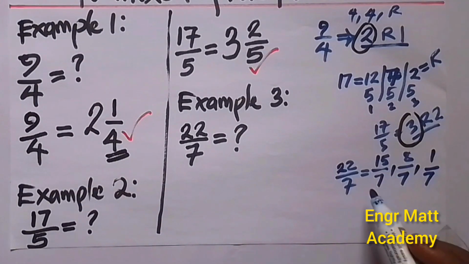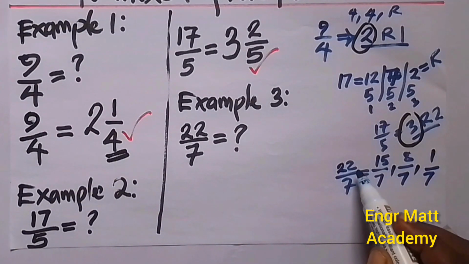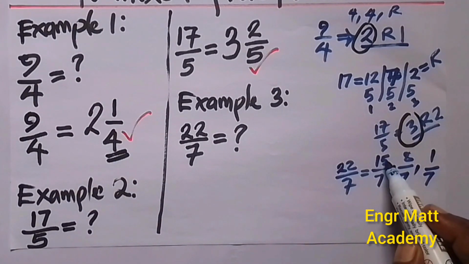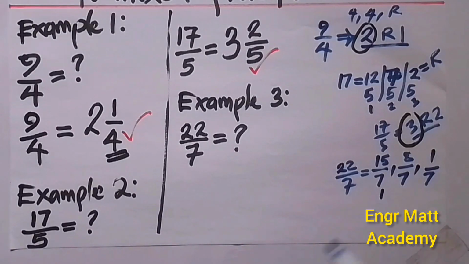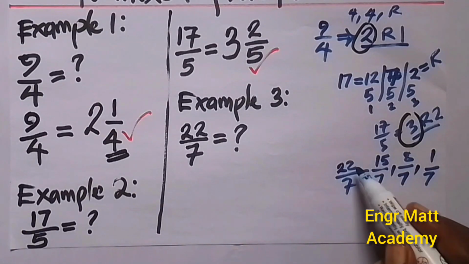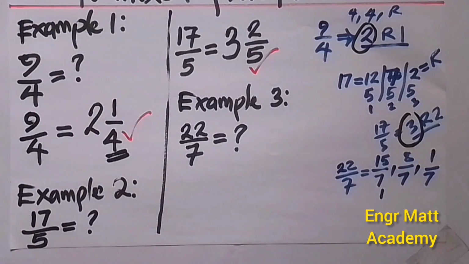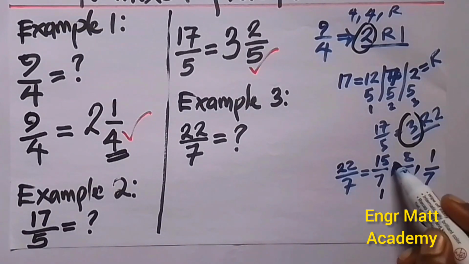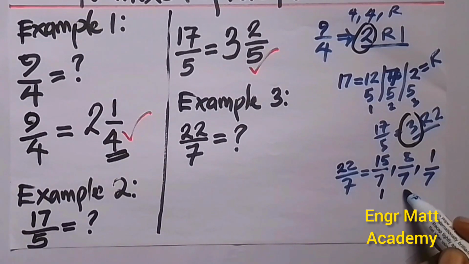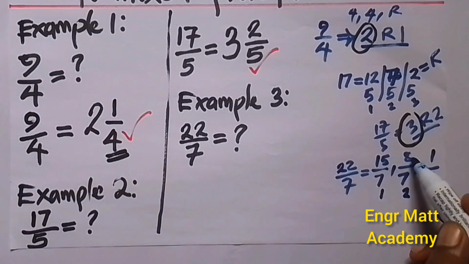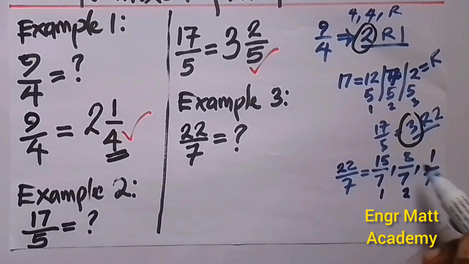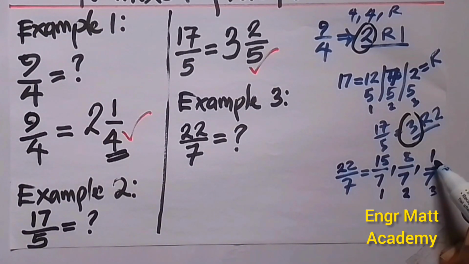Get this right. I remove 7 from 22. I have 15. This is the first 7 I removed from 22 and I get 15. I remove another 7 from 15. Second time I have 8. And I remove another 7 from 8. I get 1.